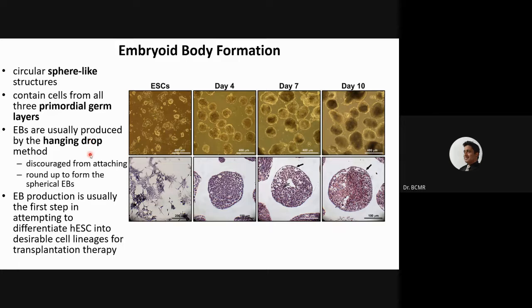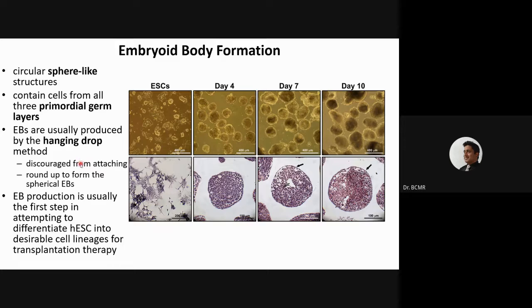That means their differentiation fate has already been determined, and they have to undergo the formation of the primordial germ layers. So this is an embryoid body. Embryo would have been the natural one. Embryoid means embryo-like body.